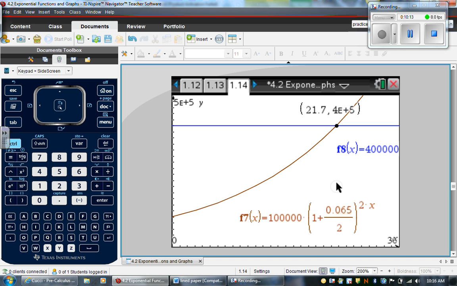Okay, and since we're dealing with years, after how many years, that's going to be my x value, that 21.7. Okay, so about 21 years and 8 months approximately.